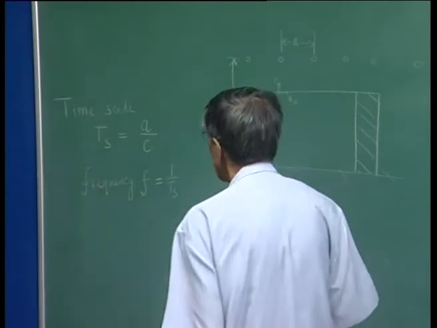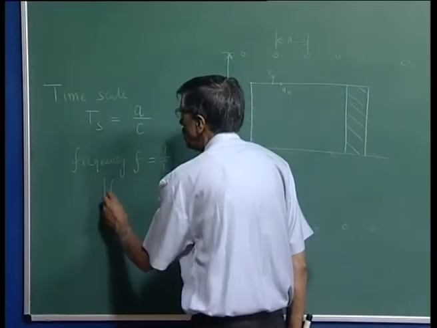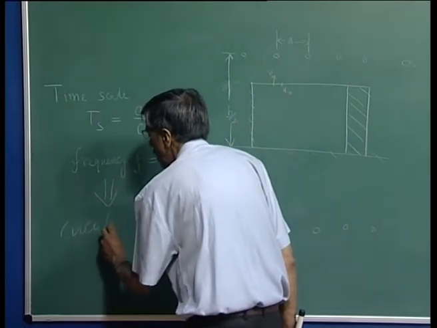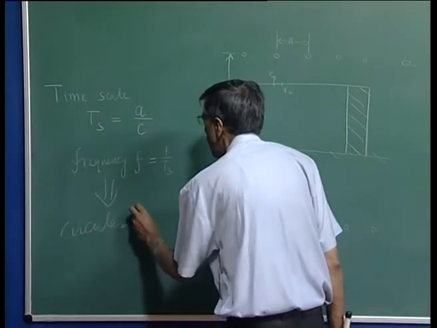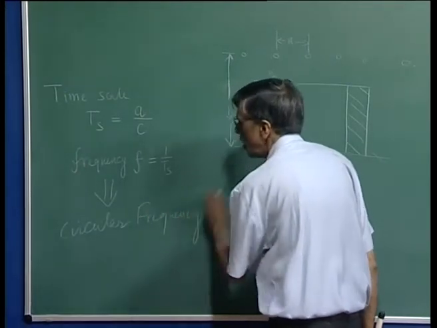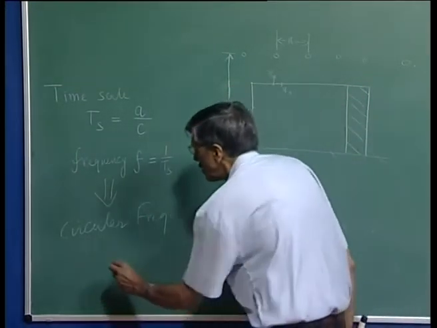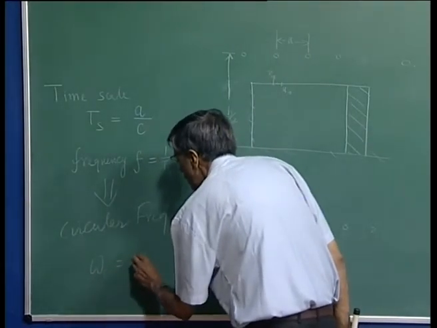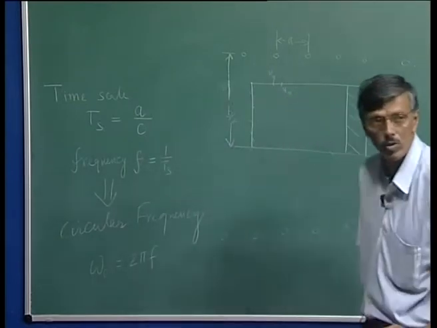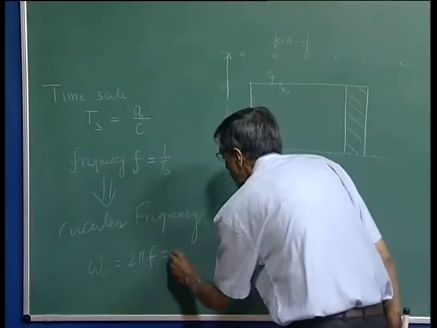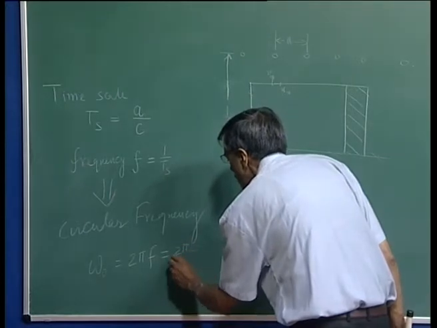What you could do is from here create a circular frequency, which will be nothing but 2 pi c by a.